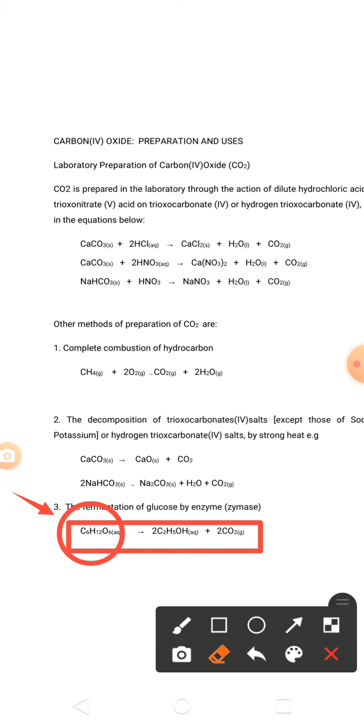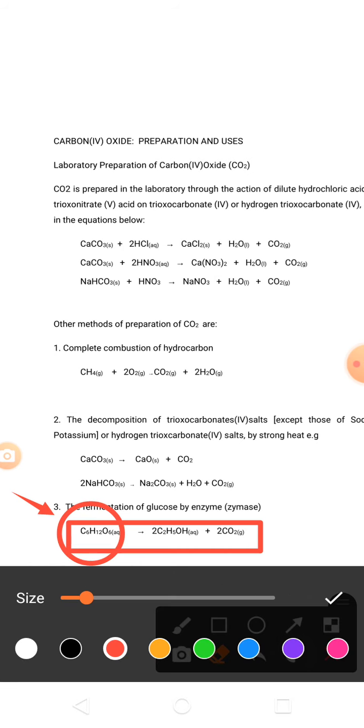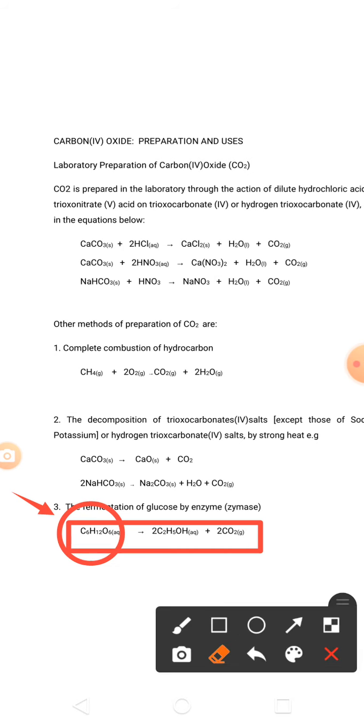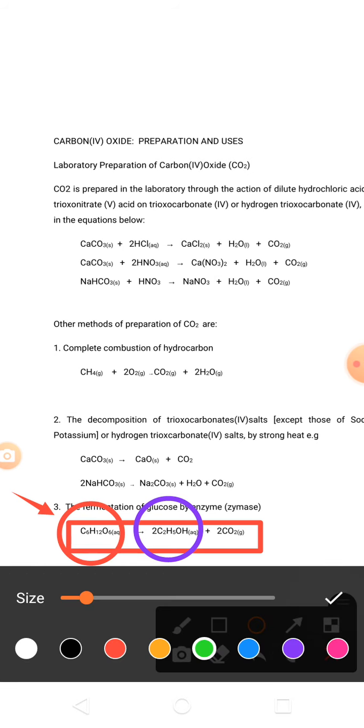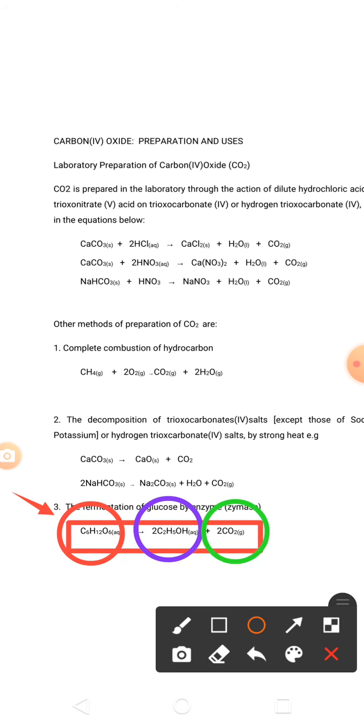And this one here is called ethanol, popularly known as ogogoro. And this one here is carbon dioxide. So that's another way of preparing carbon dioxide.